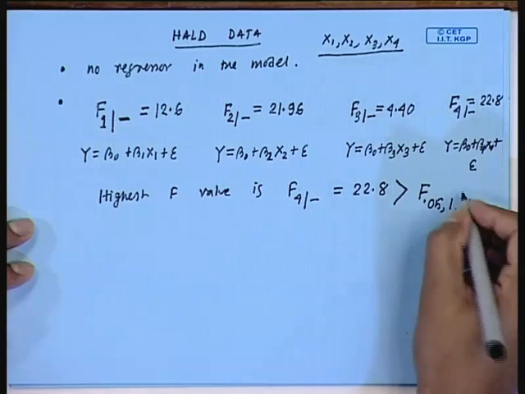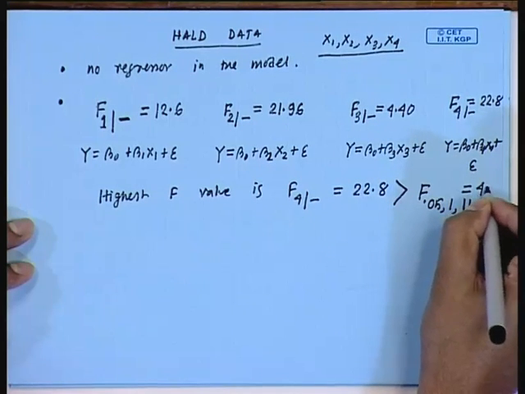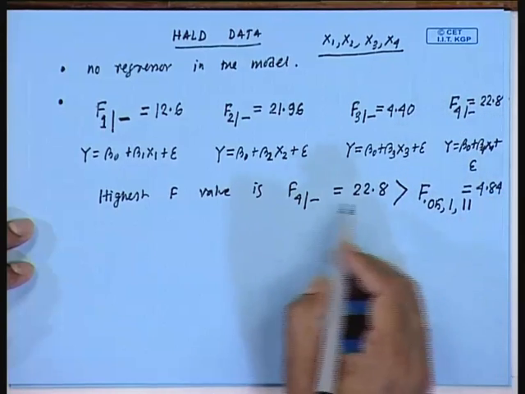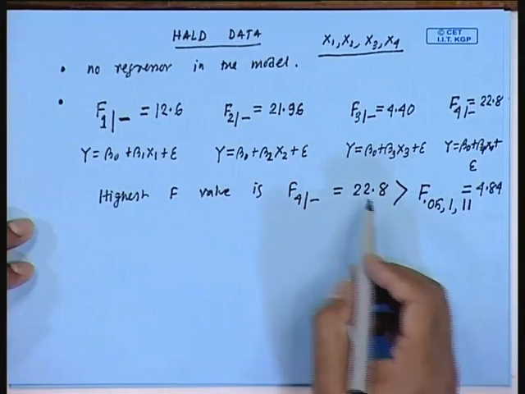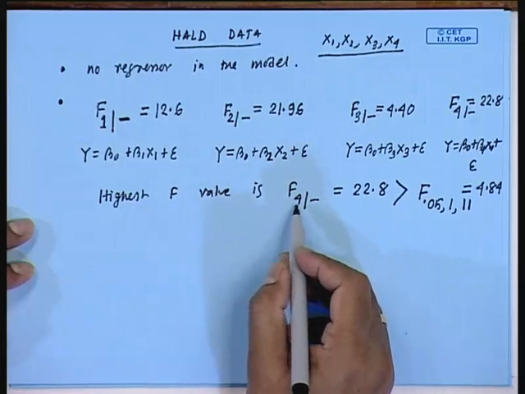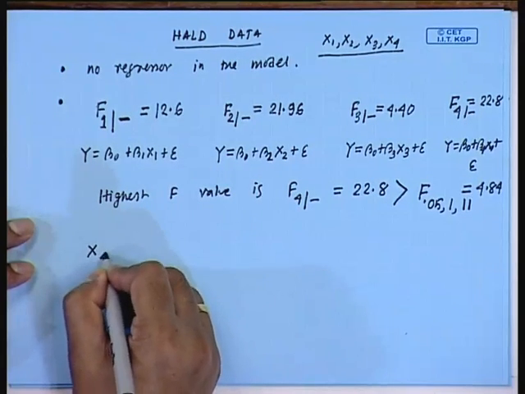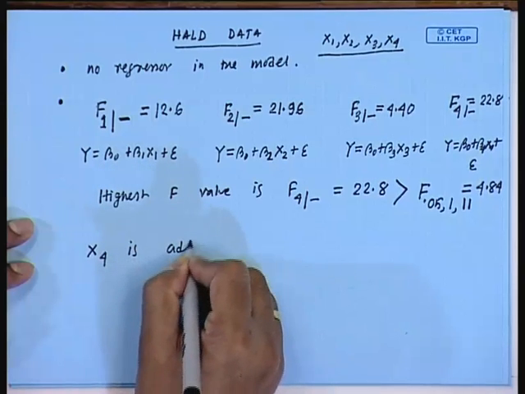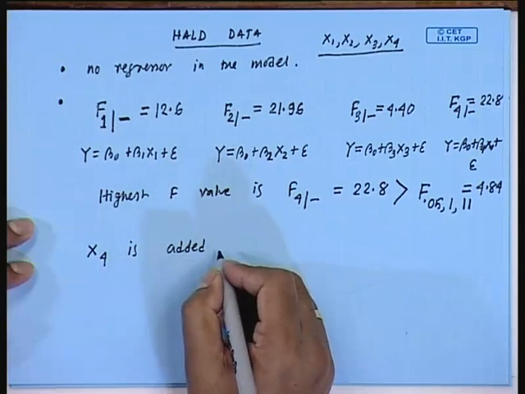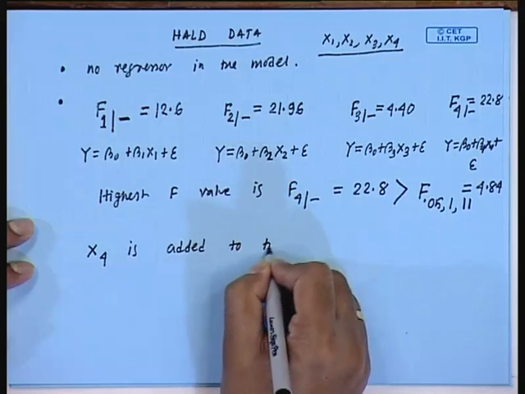This is the residual degrees of freedom, and this has value 4.84. So, the observed value is greater than the tabulated value. So, X4 is added to the model.